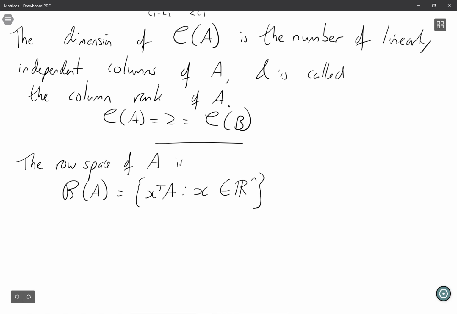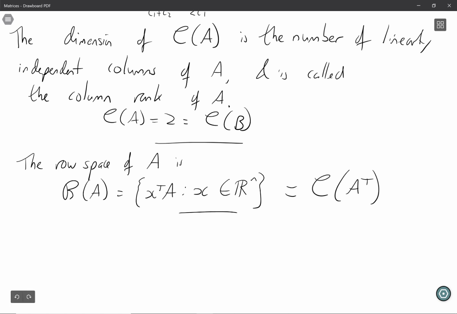And I think it should be fairly obvious that this is the same thing as the column space of A transpose, in that if I transpose A, the rows now become the columns of A transpose.